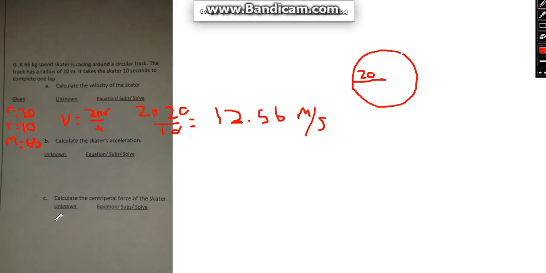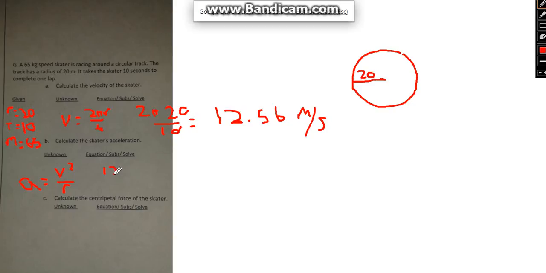Now that we have velocity, we can solve for acceleration. Here, I'll just put the equation first. Acceleration is equal to velocity squared over radius. This is just so you make sure you have this for the test.